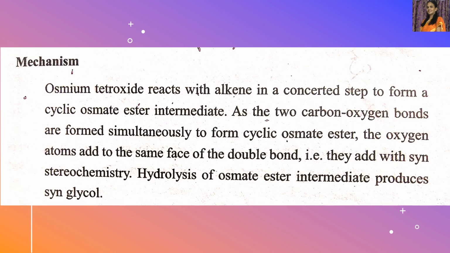Both the oxygen atoms of osmium tetroxide are added to the alkene on the same side, the same face of the double bond. That is, they add with syn or cis stereochemistry. Thus, hydrolysis of the osmate ester thus formed produces syn glycol or cis glycol.